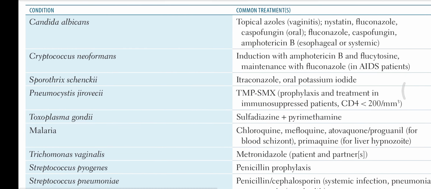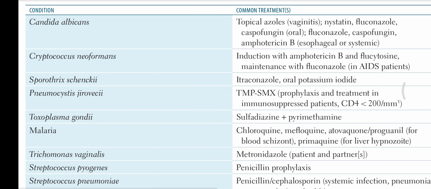Candida albicans. The common treatment is topical azoles, and antifungals can also be given orally and systemically. Topical azoles and nystatin are given for vaginitis.